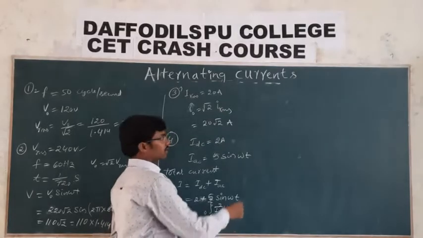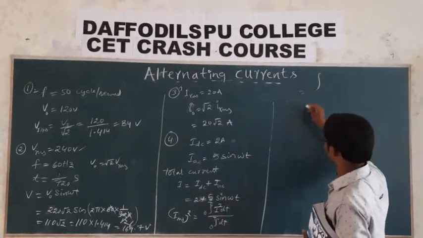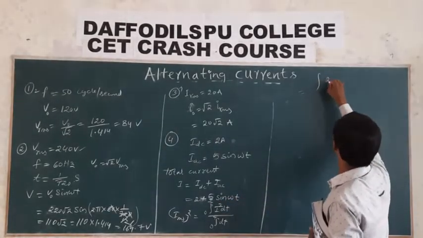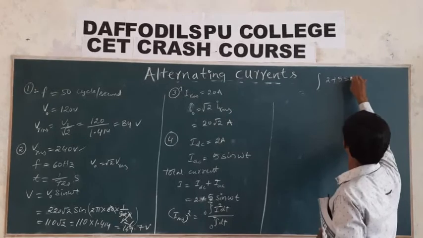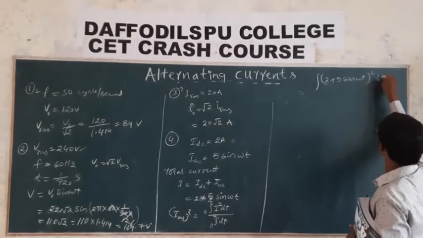So I_RMS square is the integral of I square dt. I is equal to 2 plus 5 sin omega t, so 2 plus 5 sin omega t whole square into dt.